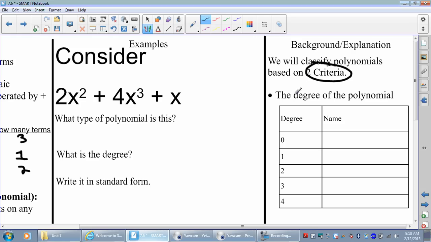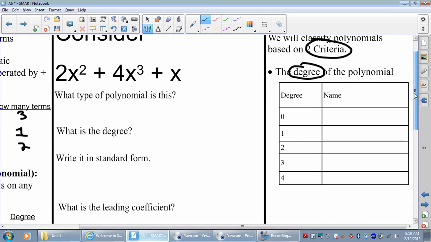One of those is going to be based on the degree of that polynomial. We'll learn what degree means in a minute, but let's look here. If we have a degree that we determine, and again, we haven't learned how to determine it yet, but if we have a degree that's a 0 degree, we're going to call that whole thing a constant.